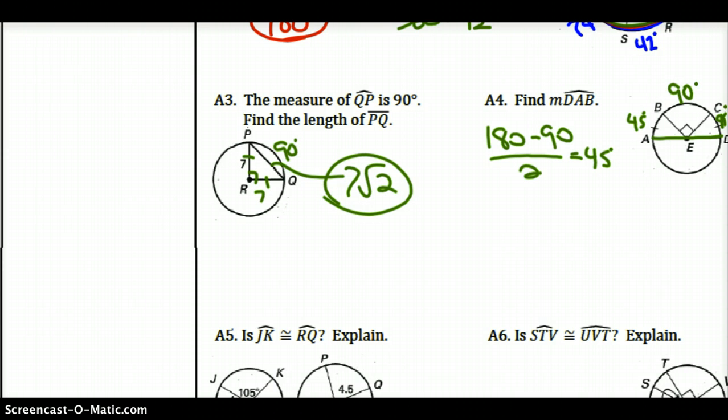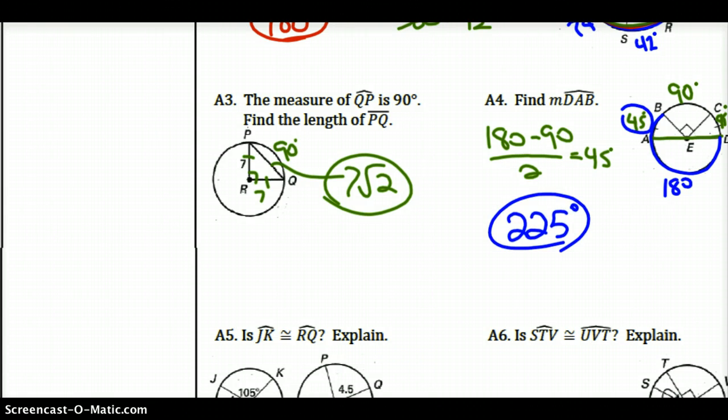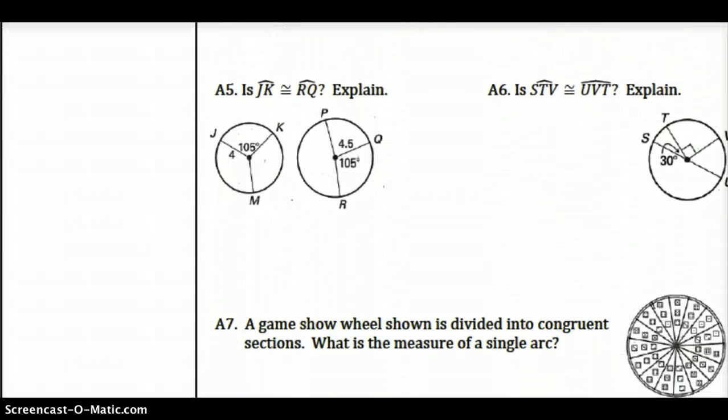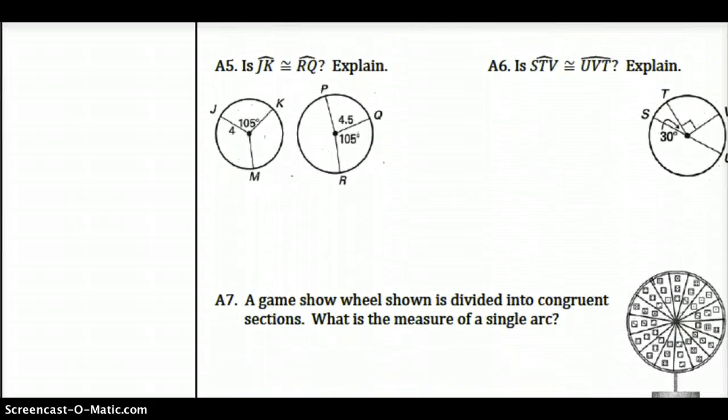Now the question though, what is DAB's arc? Well, this is 180 plus that 45. That comes out to be 225 degrees. Continuing, the question about congruent arcs.